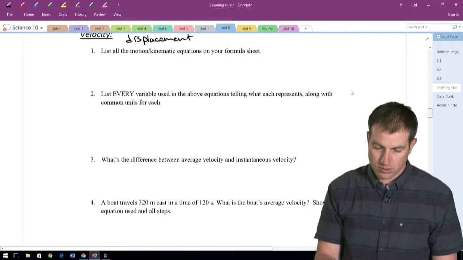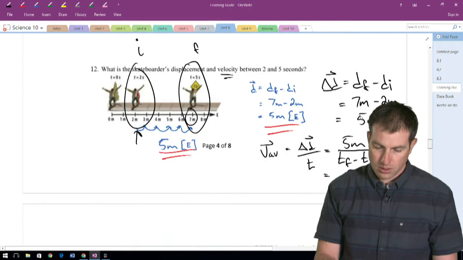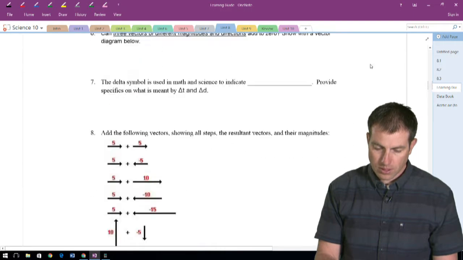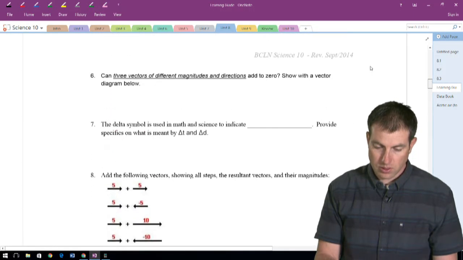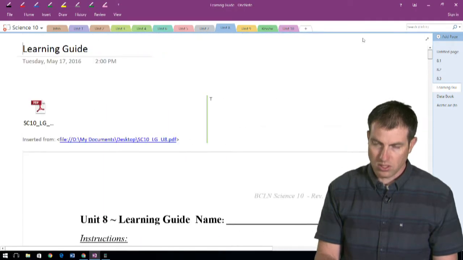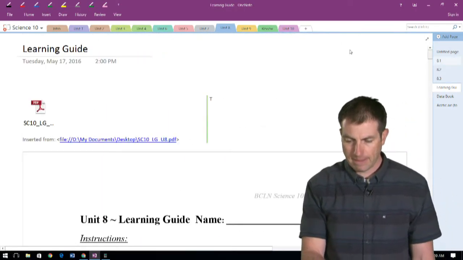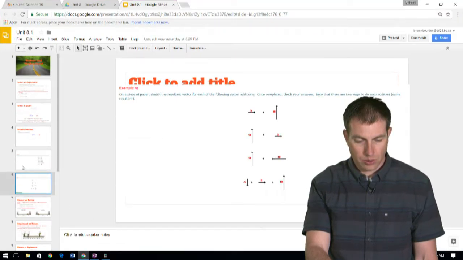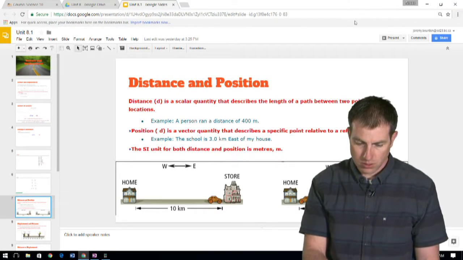And that's about it thus far. So some of it is in the learning guide, Costin. Just got to look for it a little bit. The notes should match up fairly well at this point, I believe.